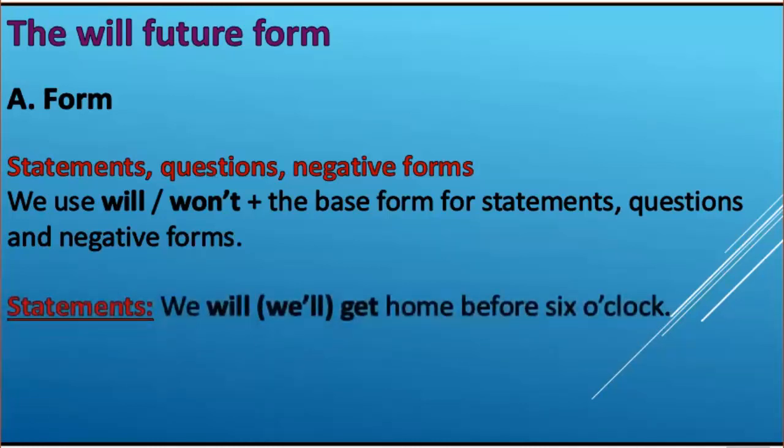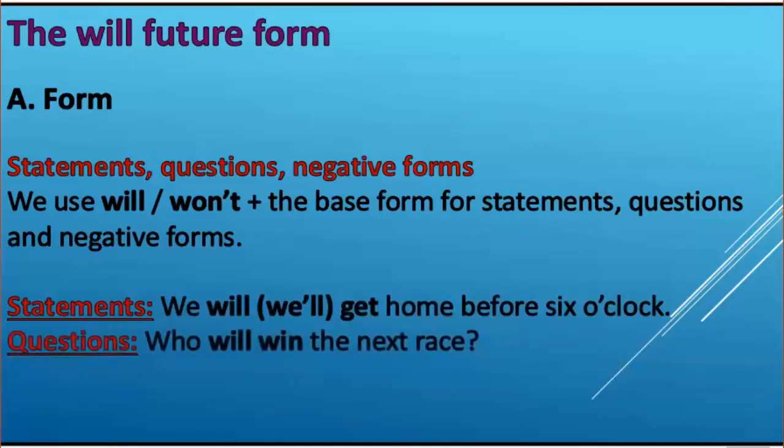For the statement, we say, we will get home before 6 o'clock. We'll get home before 6 o'clock. In the question, we can say, who will win the next race? Then we use will plus the main form of the verb.